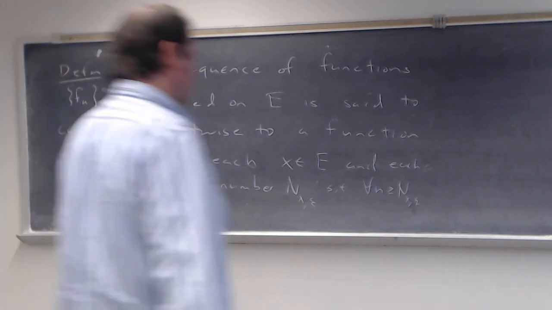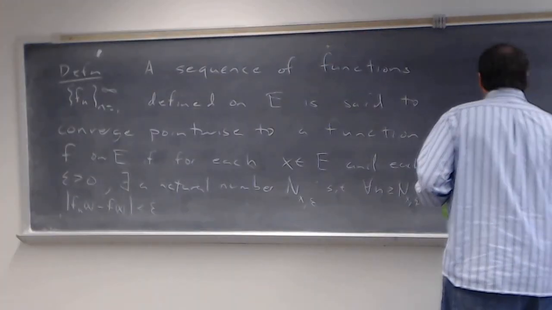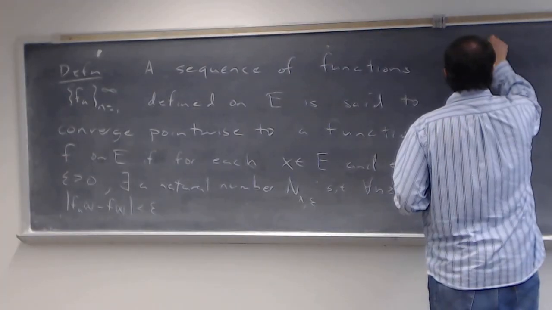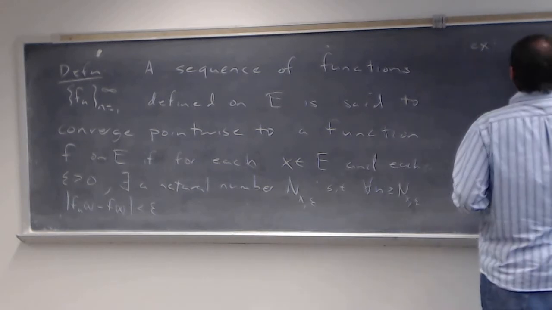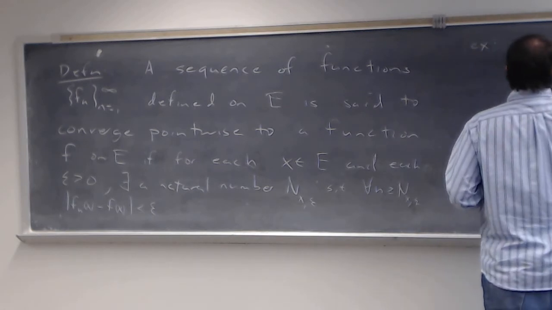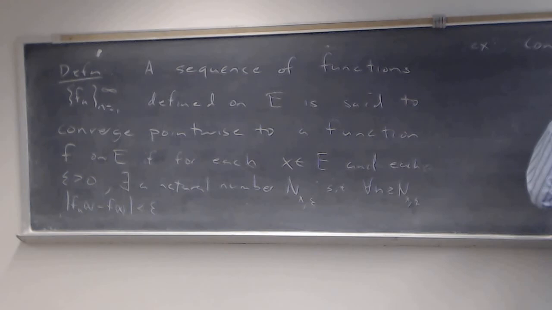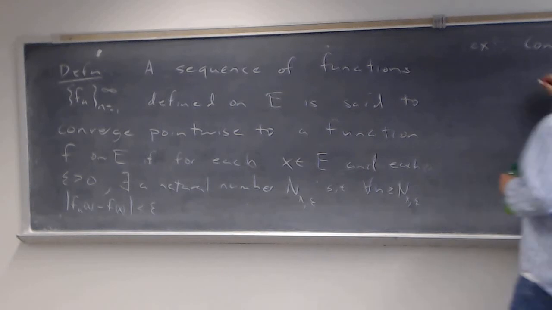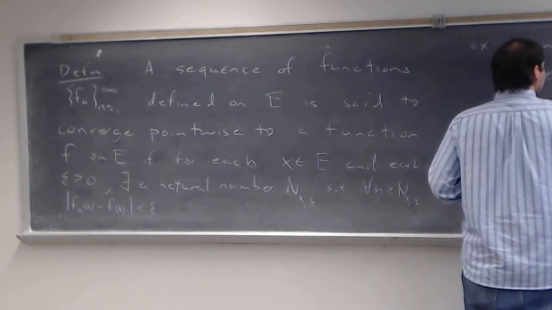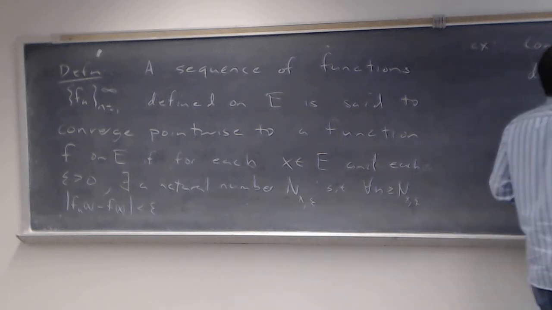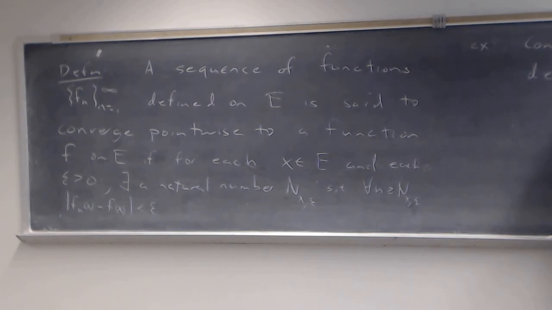Let's look at an example. Okay, consider the sequence of functions f sub n, n from 1 to infinity, where f sub n of x is defined to be x to the n, defined on 0 to 1. This is something I think I did in the video lecture.